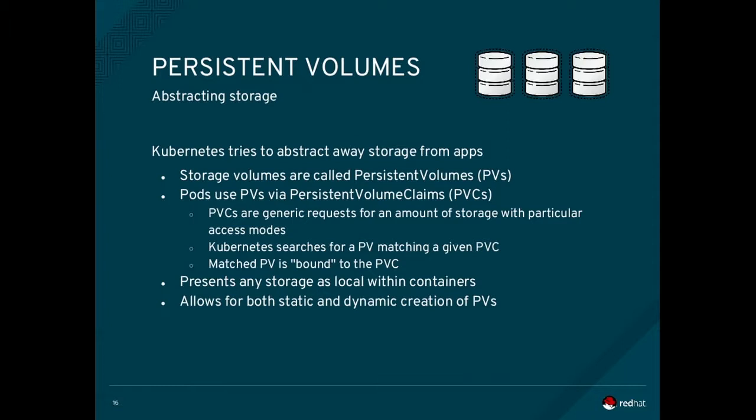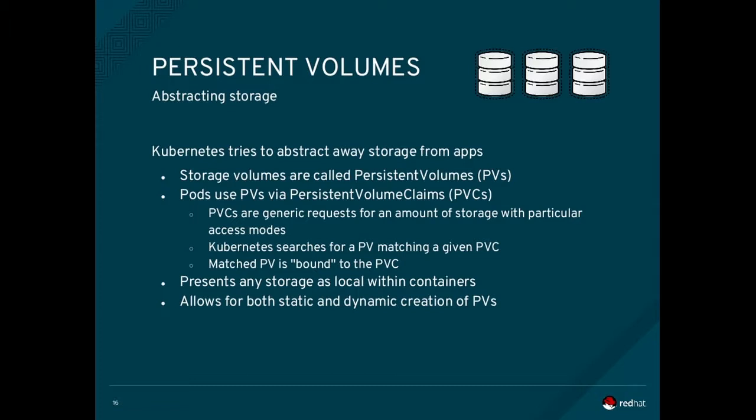Then a pod or a user would come in and create what's called a persistent volume claim, or PVC. Basically, that's the thing that says, I want storage of this size, and I want it either multi-tenant or single user, and a couple other storage features that you can specify. Nothing too granular.